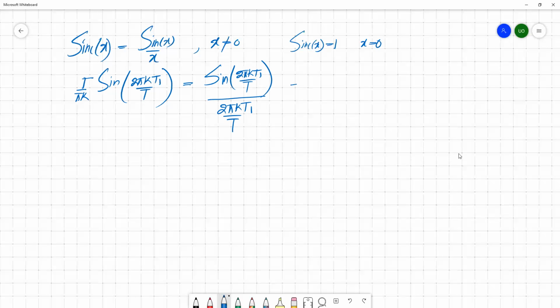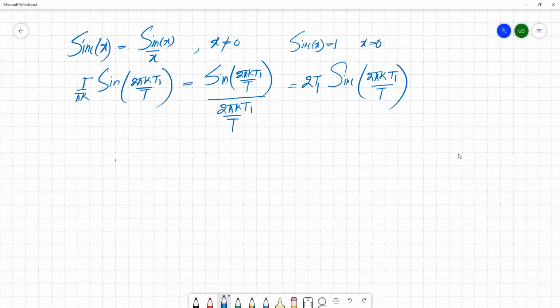So we can put 2 t1 here, and then replace sine 2 pi k t1 over t divided by 2 pi k t1 over t using a sinc function: sinc 2 pi k t1 over t.